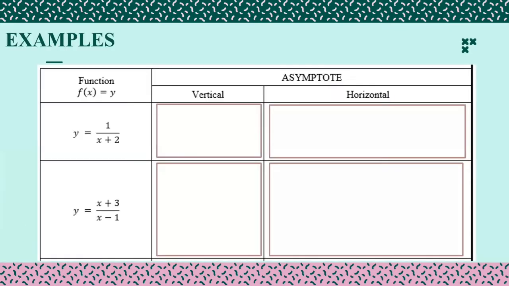So let's see, we have here x squared plus 2x all over, let's say, 4x squared.